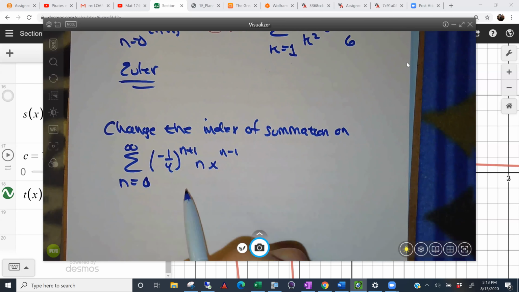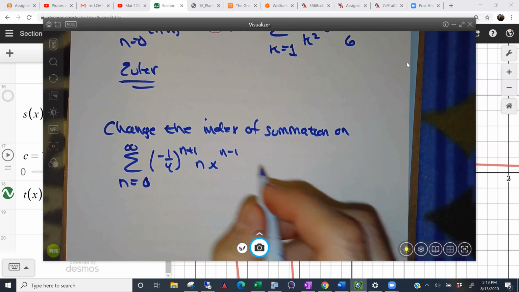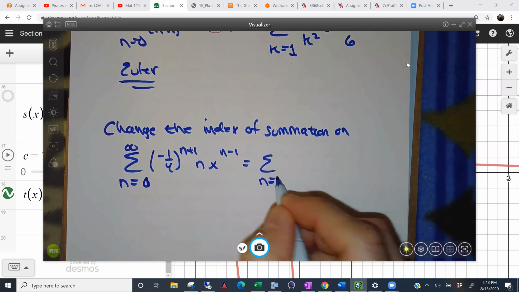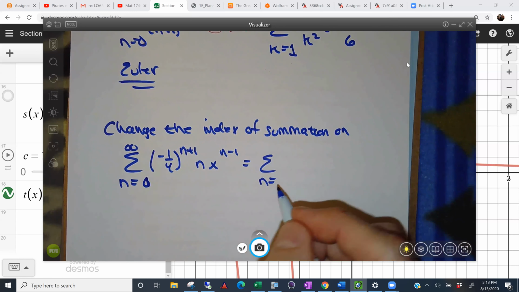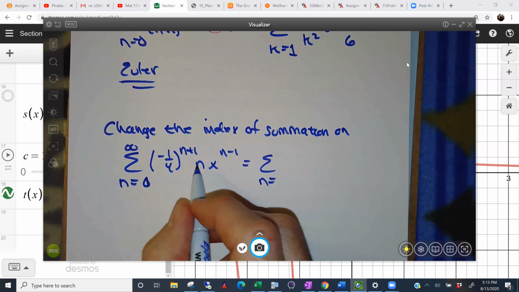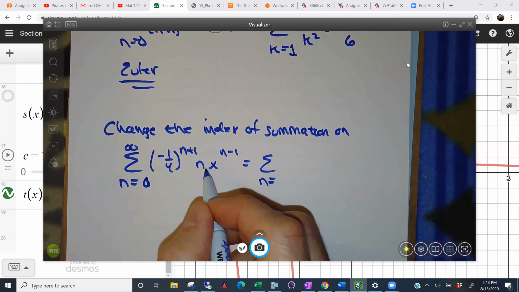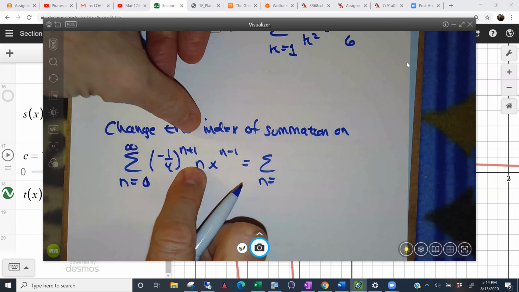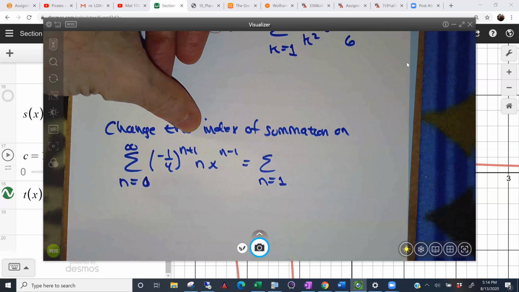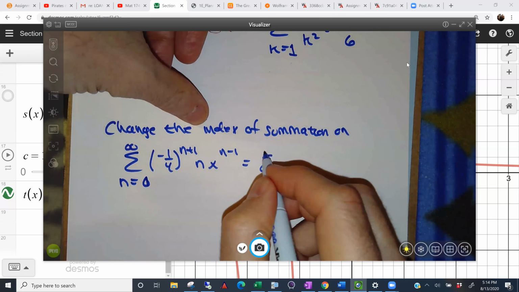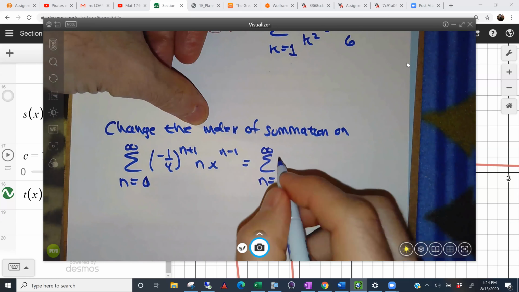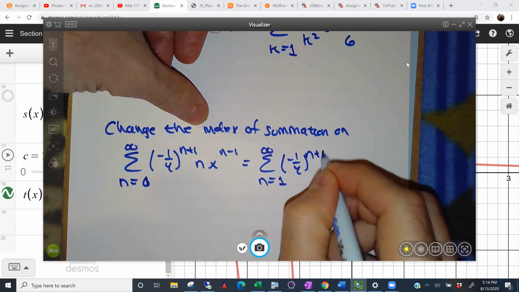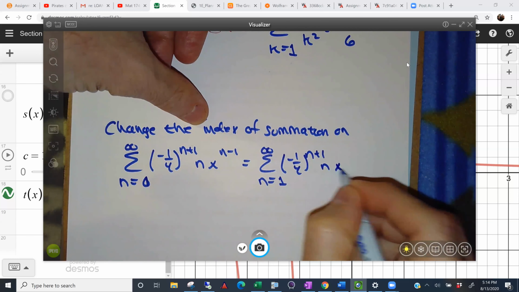What's my first term going to be in this summation? If you said 0, triple bonus points for you. Because at n equals 0, this all disappears. So if plugging in a 0 doesn't contribute anything, I could just as well start my series at 1. So we'll do that. Negative 1/4, n plus 1, n times x to the n minus 1.